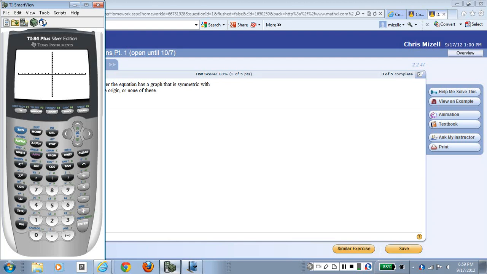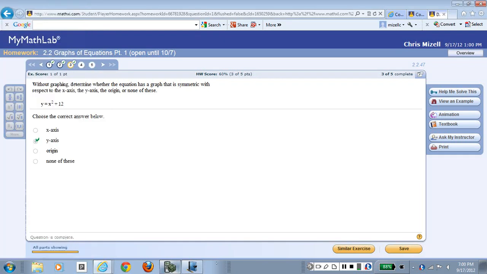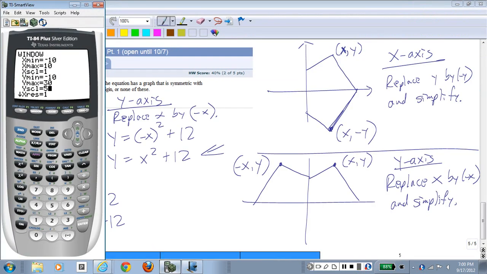It's above the standard viewing window, sorry. Set the y max maybe to 30? And a y scale of 5. Now try y equals x squared plus 12. That's better. y-axis symmetry, so you can see it there.